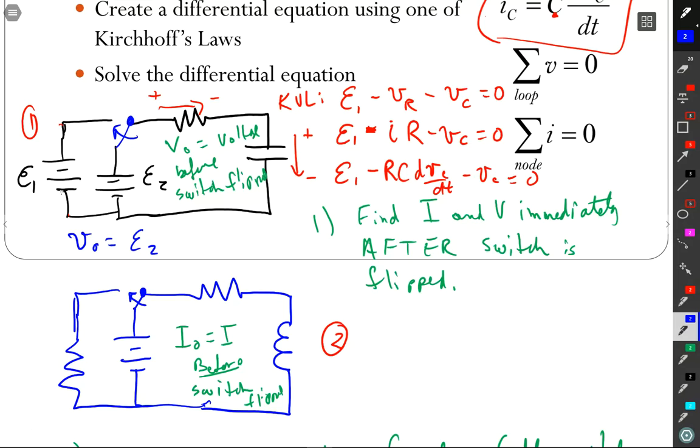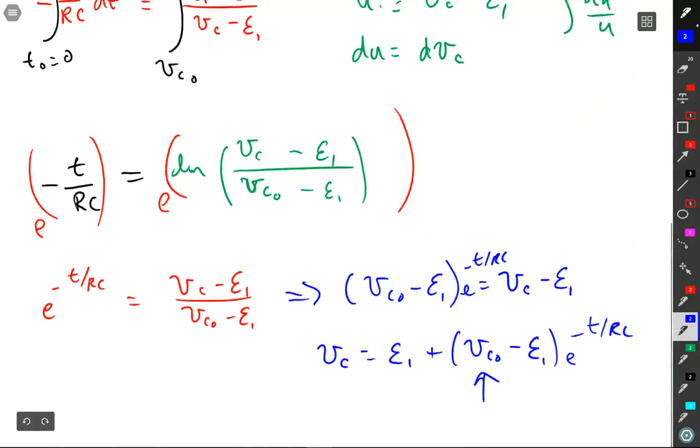It's fully charged because E2 is connected to it. When there's no current flowing, that means the voltage across the resistor is 0, hence they're equal. And so I could put in here now, because I know that VC0 is E2, that the voltage across the capacitor is E1 plus (E2 minus E1) e to the minus t over RC.